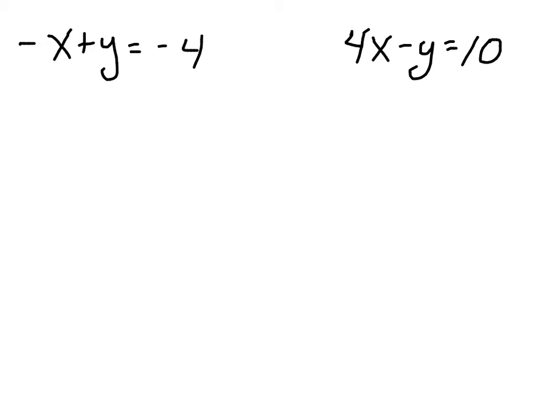X, okay. From which equation? The first one? All right, sounds good. Now, just so you know, there isn't really a wrong answer. Maybe you said, you know what, I want to solve for the y from the first equation. That's okay. We could have done that too, as long as it works either way. So if I want to solve for x, that means I'm going to add x to both sides, and I'm going to add 4.